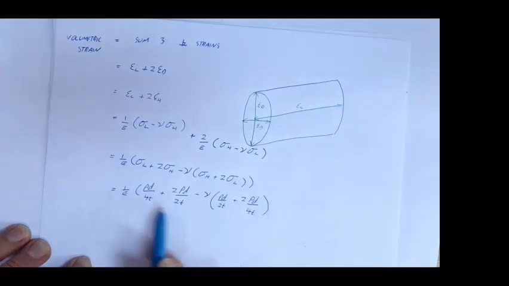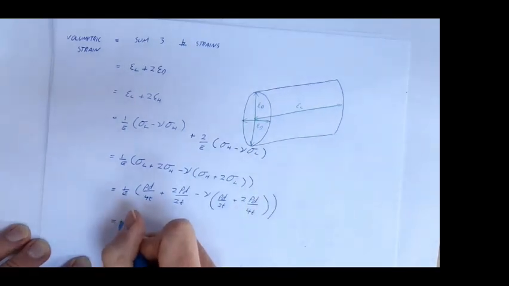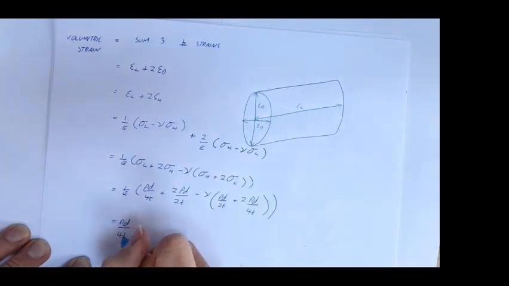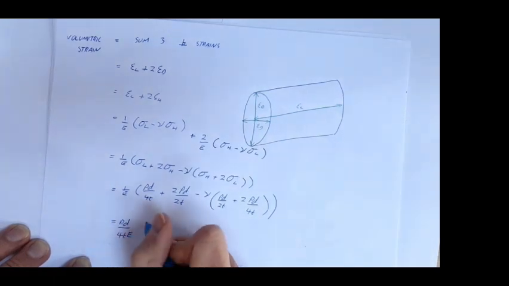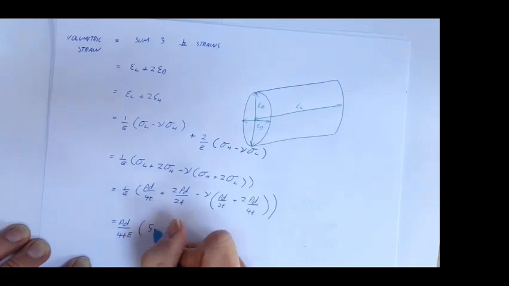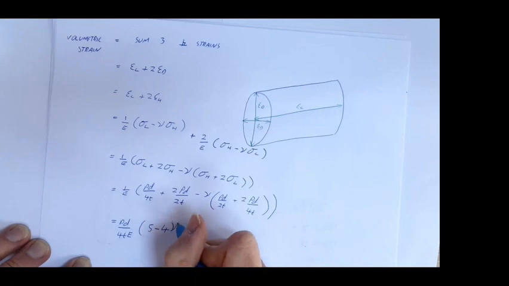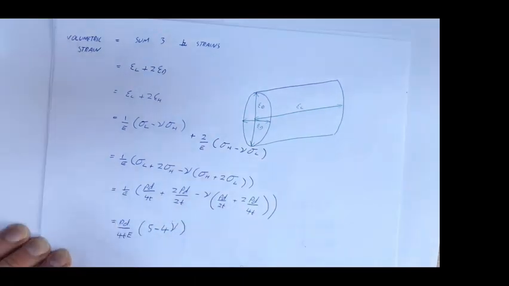Okay, if we then factorize that lot, we end up with PD over 4TE lots of 5 minus 4 lots of Poisson's ratio is our volumetric strain.